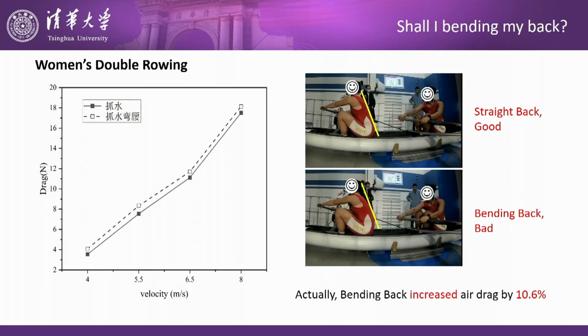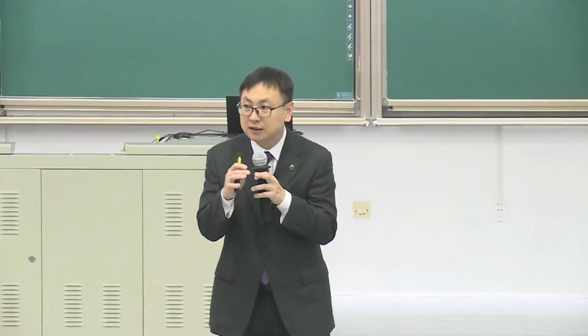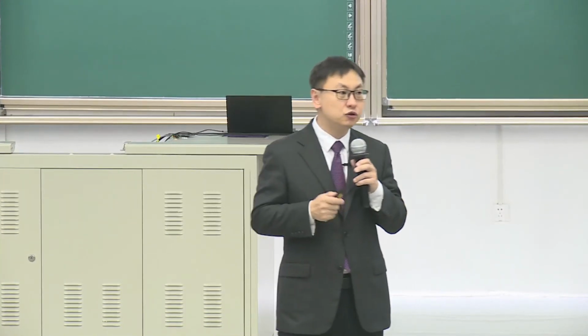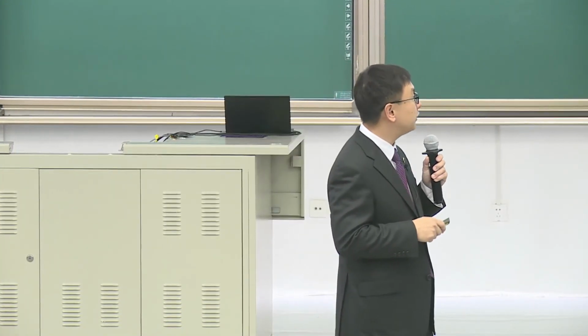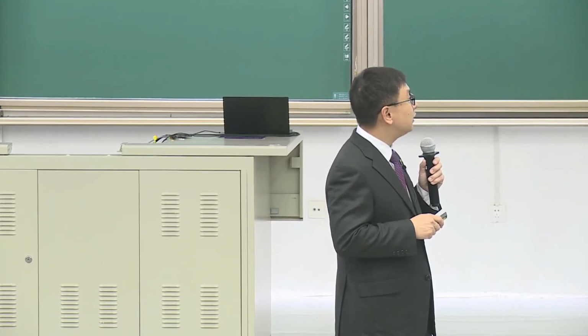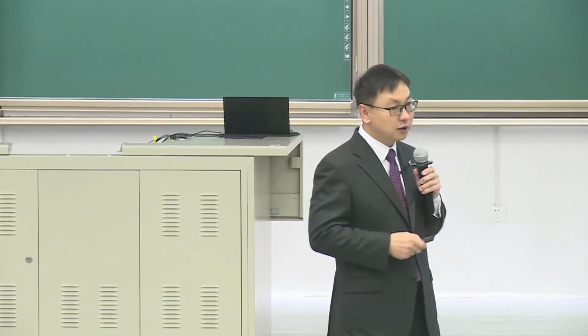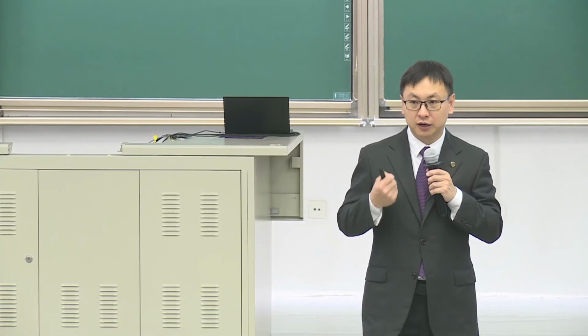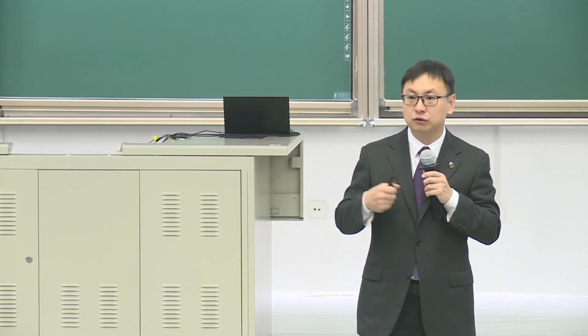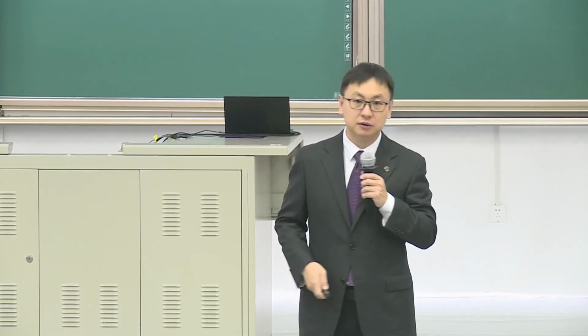Usually people say, well, I want to make the low pressure area smaller, so I want to shrink my size. Is it true in rowing? This is a straight back, and this one is technically correct in rowing. It's good to give out performance.